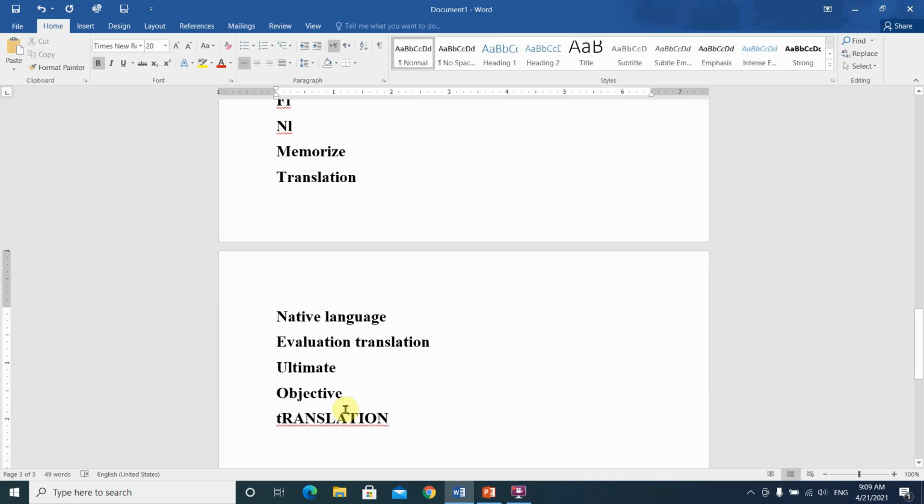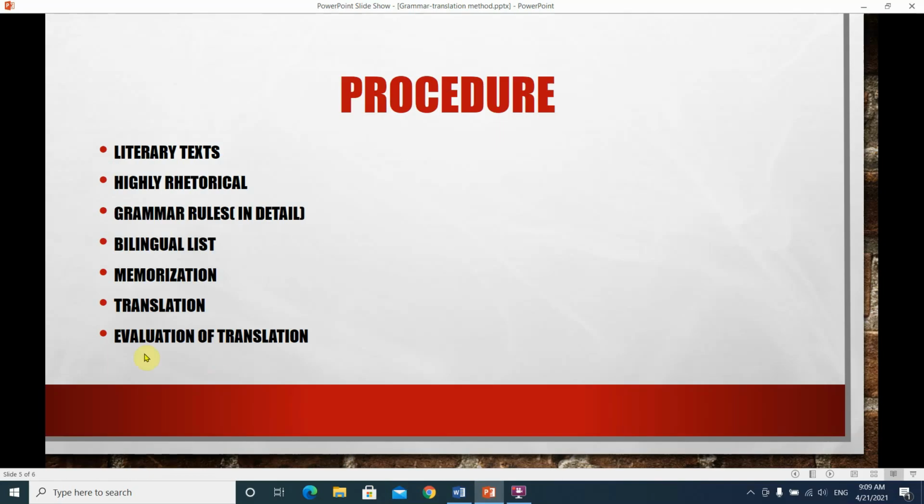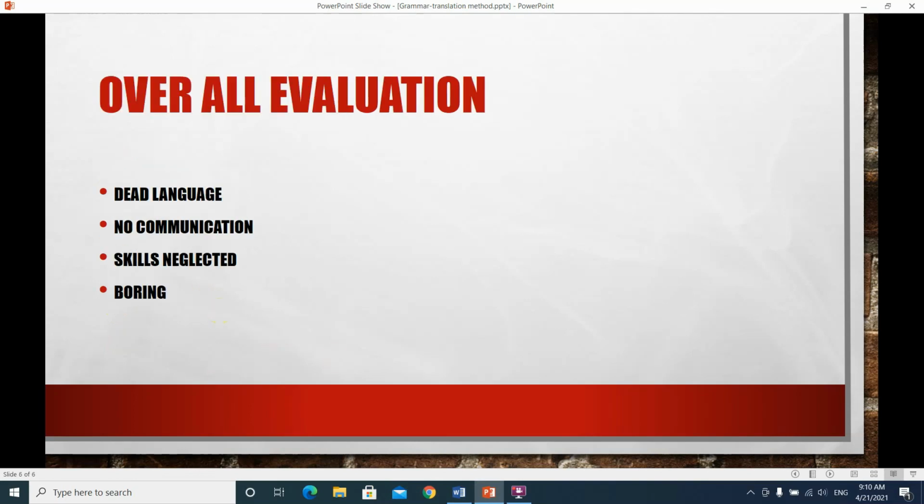Now, look at this method. If you try to measure the advantages and the disadvantages of the method, الآن شرحنا يعني in brief the main procedures of the method. قلنا text, highly rhetorical, grammar rules are explained, bilingual lists should be memorized, and there is translation, there is evaluation of translation.